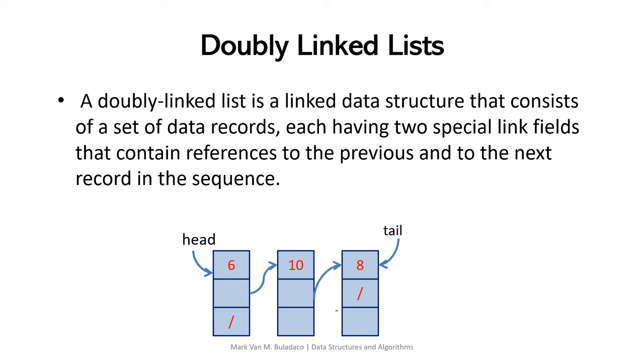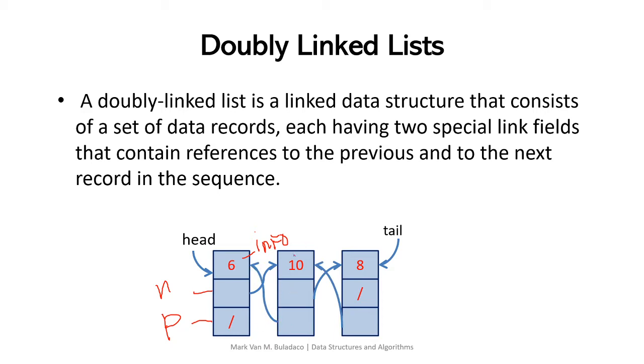The first field is the info, the second field is the next, and the third field is the previous. Like what is represented here, the next field is referring to the node 10 and so on, and the third field is referring to the previous node.